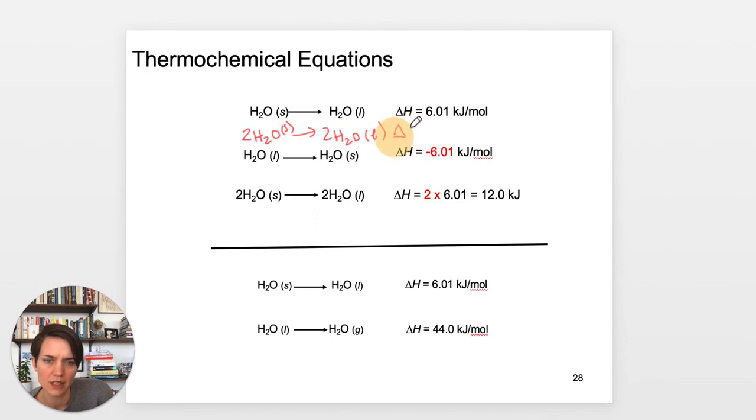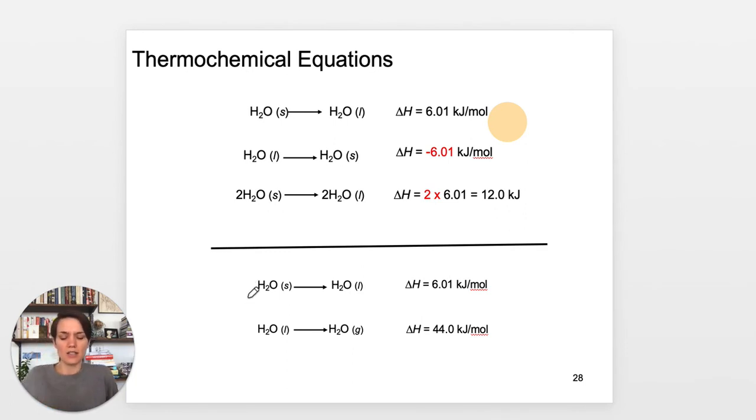My delta H now would be equal to 12.0 kilojoules. So if you reverse the direction, the sign of delta H is reversed. If you need to multiply the number of moles or divide them, you need to do the same thing to that enthalpy change. Right? Very similar concept to what we did in the second lecture where we were looking at that iron oxide reaction.